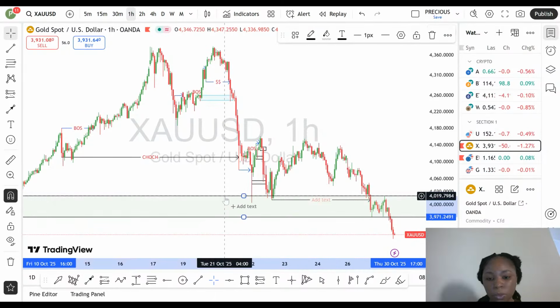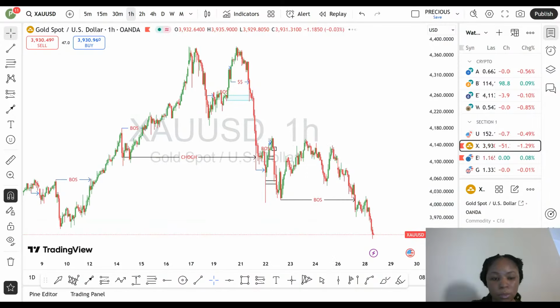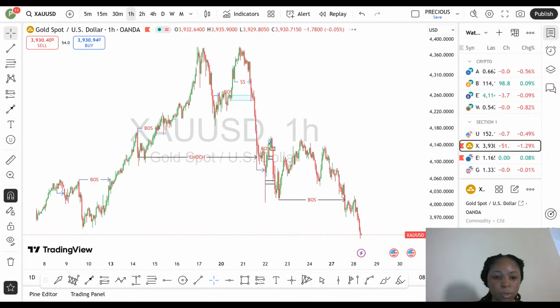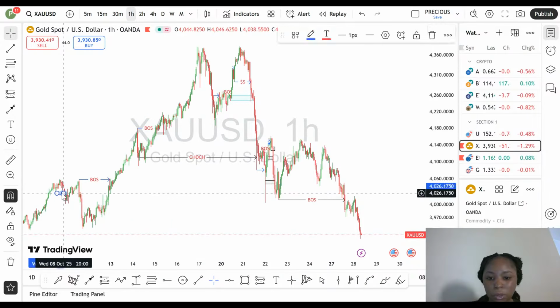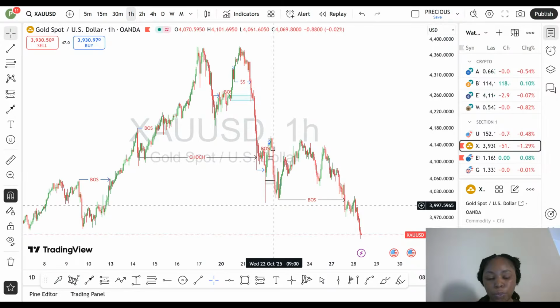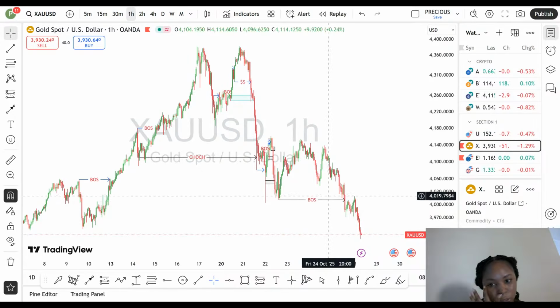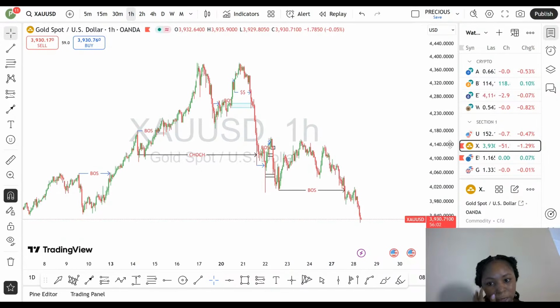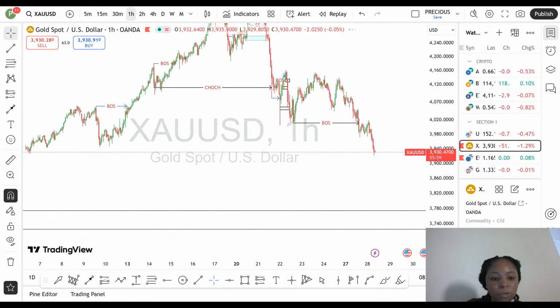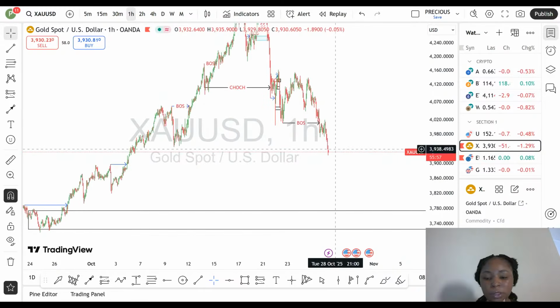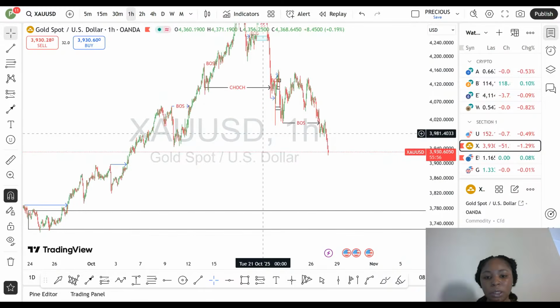Can you see? Price was able to close below this low here, giving us the break of structure to the downside. So we are bearish. So for now, you have to look for a sell opportunity here.